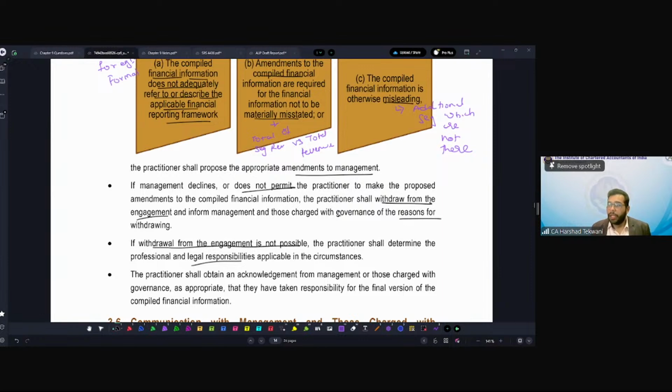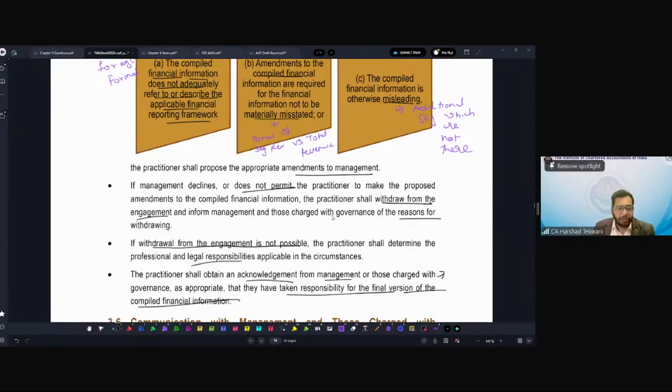And you need to obtain an acknowledgement from management or those charged with governance that they have taken responsibility of the final version. It means they are responsible for the final version of the compiled financial information. You are only assisting them. So obtain acknowledgement from management that they have taken responsibility of the final version of compiled financial information.